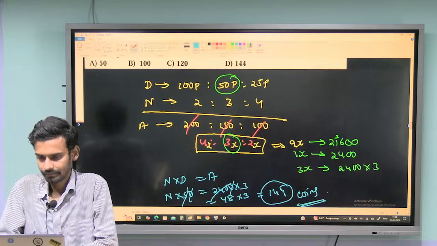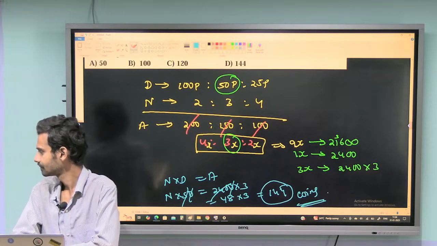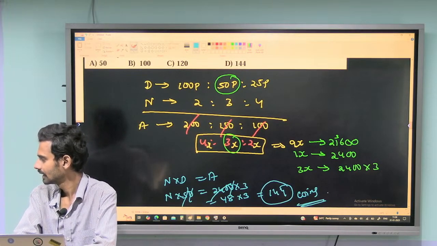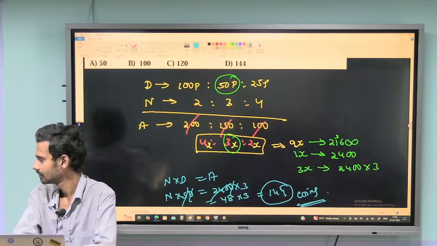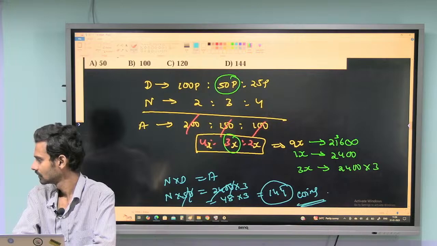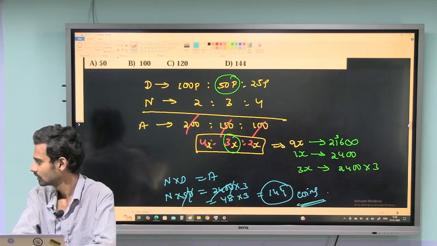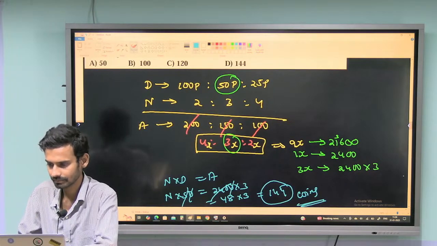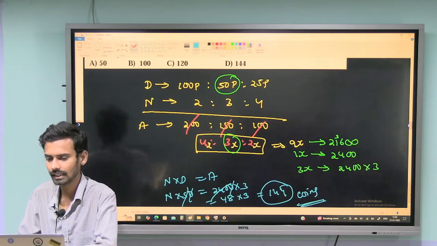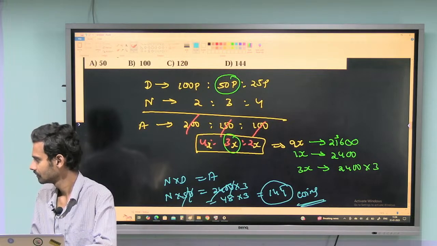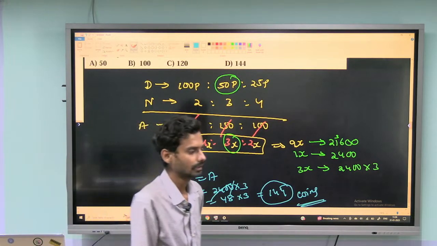Clear with this? Till here, is it clear to all? So we have covered most of the types in ratios. There is one last type. Till here, is it clear to all? If any doubt, let me know in the chat box.